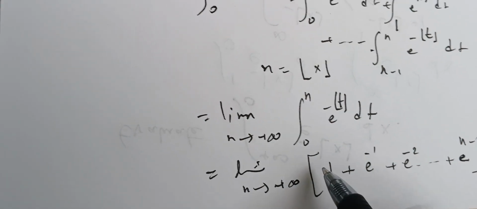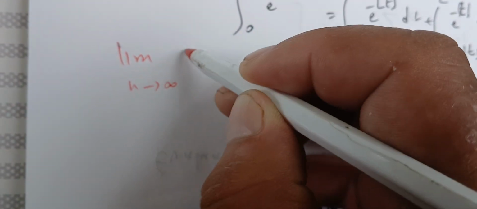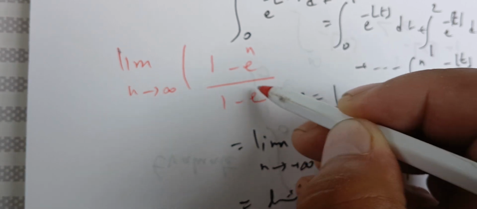So here we can rewrite this one in the following manner. The limit as n goes to infinity of 1 minus e to the minus n over 1 minus e to minus 1.